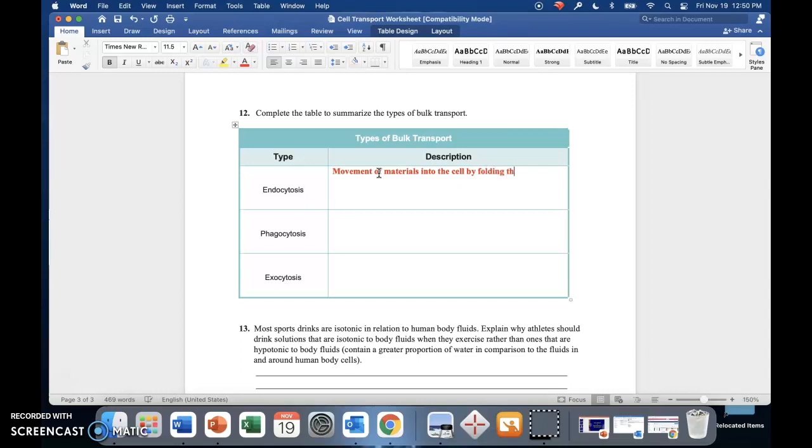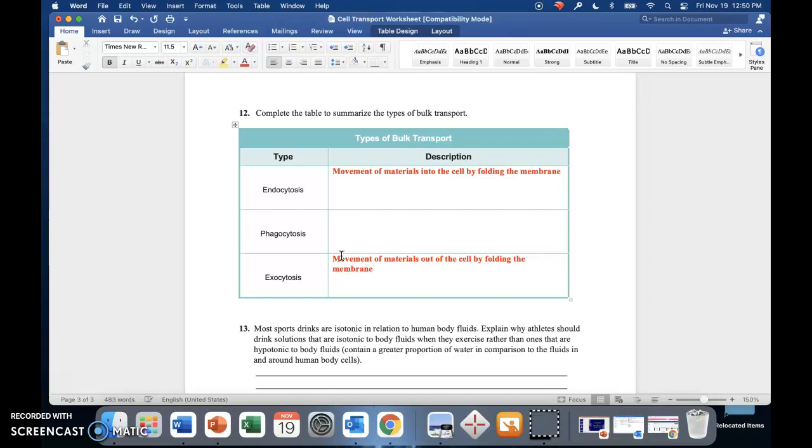And exocytosis is the movement of materials out of the cell by folding the membrane.